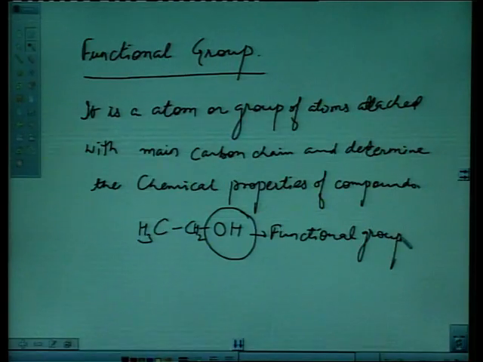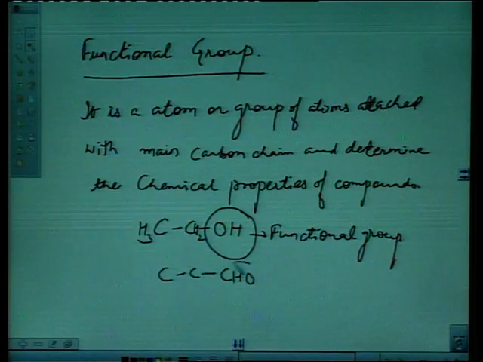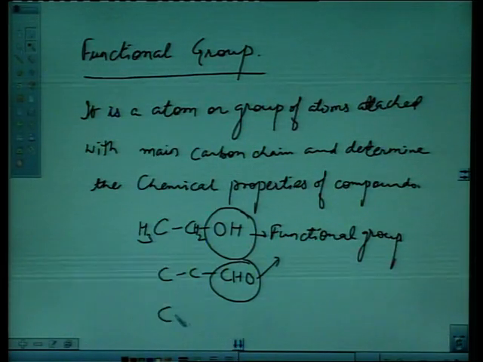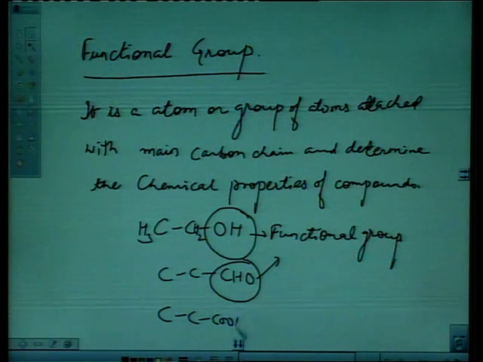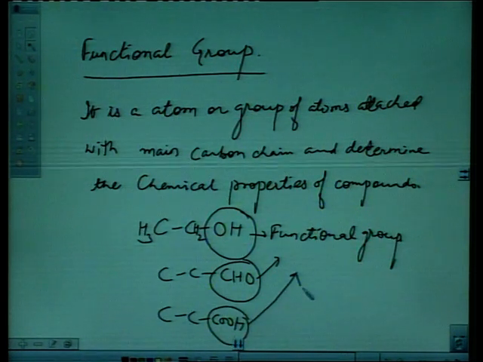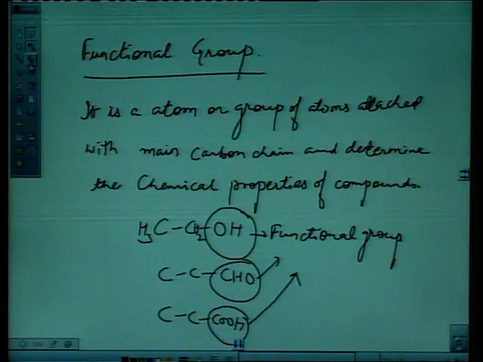A functional group determines the property of an organic compound. Likewise, this is also a functional group. There are different types of atoms or groups of atoms which determine the property of a compound.